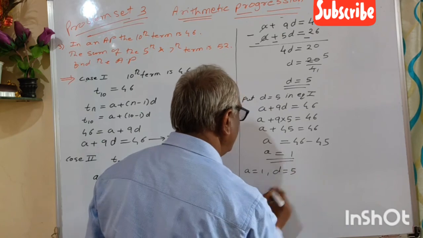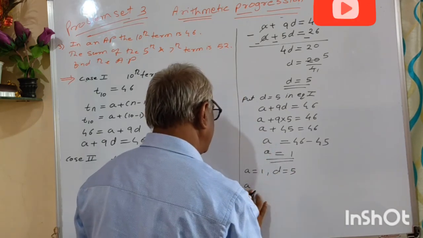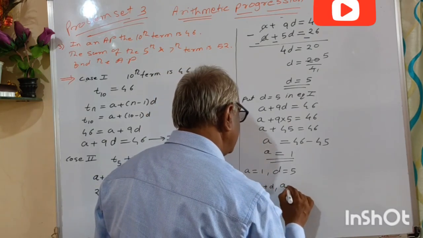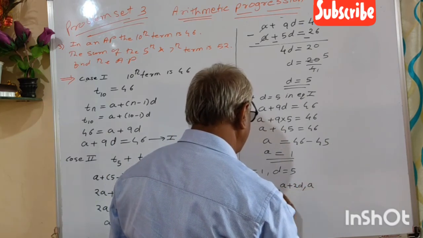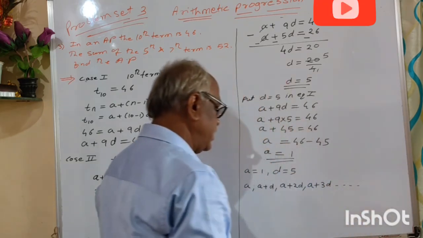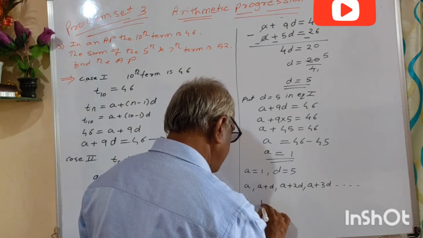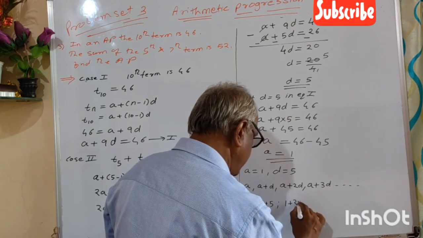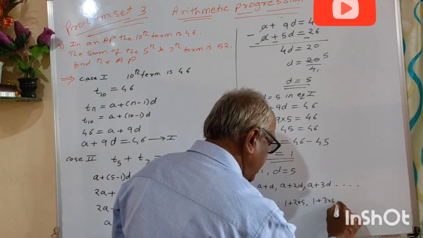Then first term will be a, second term is a plus d, third term is a plus 2d, fourth term is a plus 3d, and so on. So the arithmetic progression will be 1, then 1 plus 5, 1 plus 2 into 5, 1 plus 3 into 5, and so on.